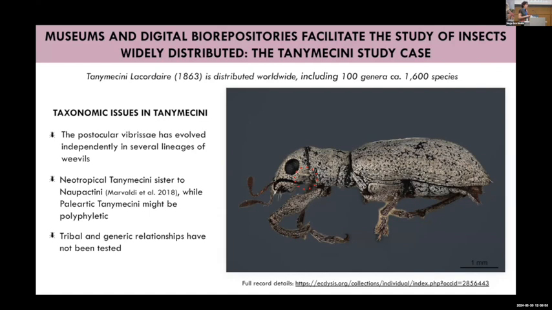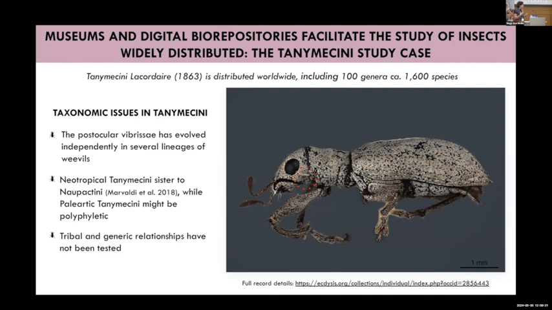These weevils feed on the tree branches or leaves, but when they are not doing that, they spend a lot of time underground. So that's why they clean their eyes. But this is a convergence. It happens in a lot of weevil lineages. So that's really a troublemaker character to classify things.